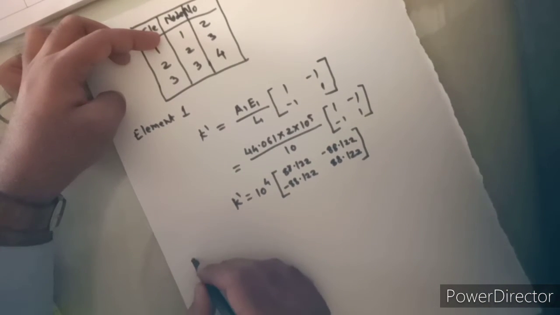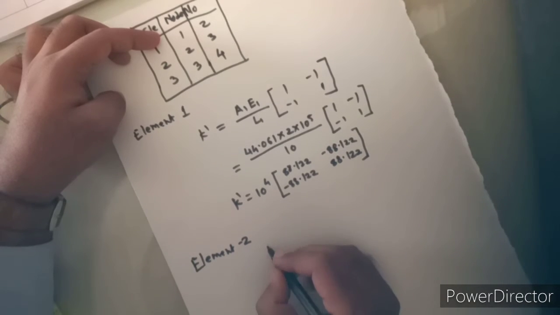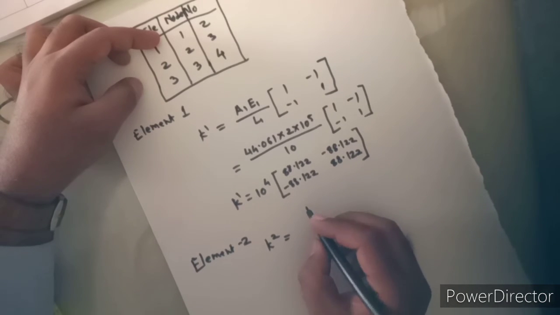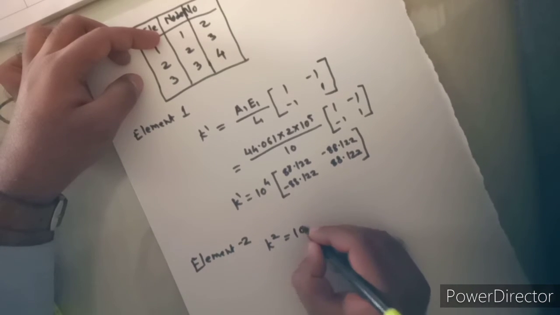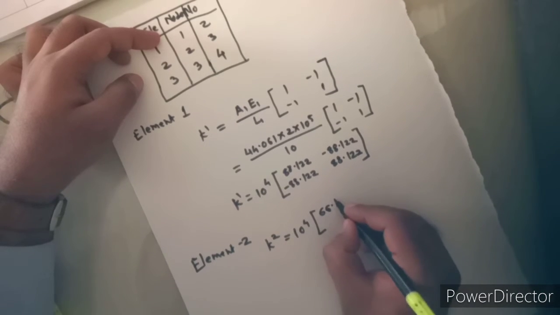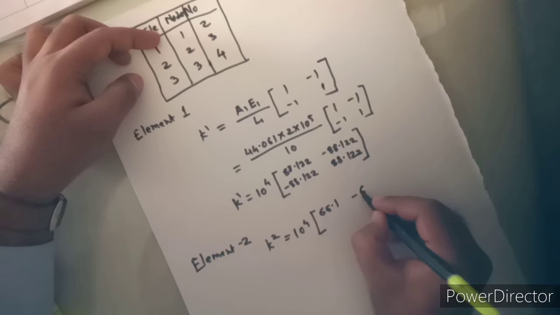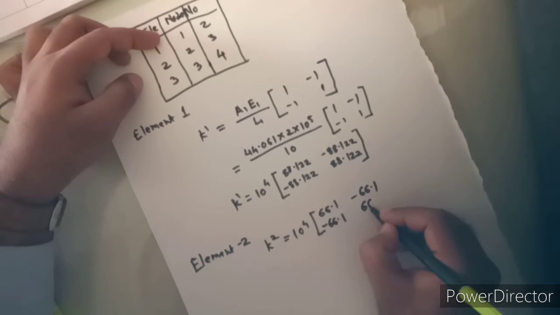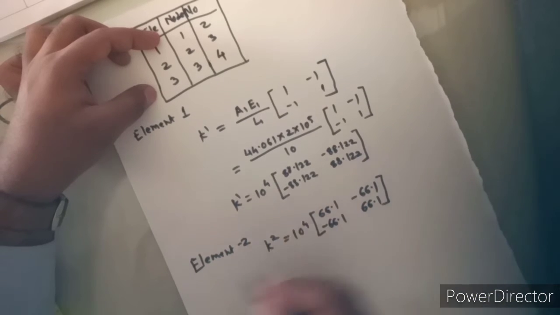Similarly, for element 2, K2 is equal to 10 raised to 4. You can solve this: 66.1 minus 66.1, minus 66.1 and 66.1.